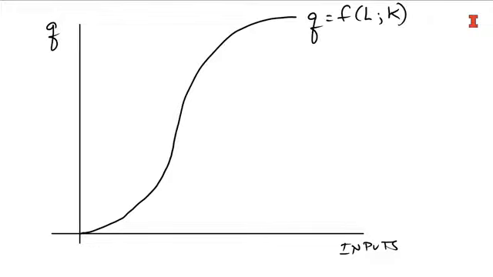I really mean that, because of that famous word law. I don't know of any industry that has beaten technology in this. I don't know of any industry that's beaten nature and has somehow been able to get around the law of diminishing marginal product. Because of that, every firm is going to get to that point where, as they increase their inputs, the marginal return from that extra input is not as high as it was from the previous input. That means it's going to get costlier and costlier to produce that product.